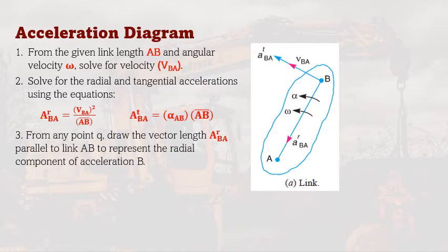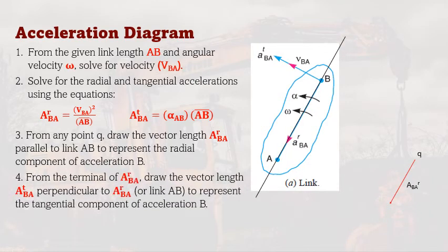Once we have that, from any point Q, we draw a vector with length equivalent to our radial component of the acceleration of B relative to A, parallel to the link AB, because we know that it acts parallel to the link AB. So from point Q, we draw the equivalent radial component using a line that is parallel to the link AB.